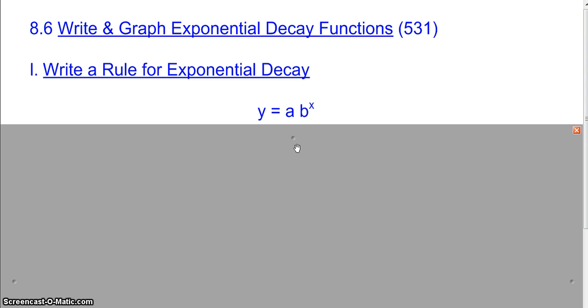This is the same model. The question is, where is it different? Is it the a or is it the b? X and y are just simply a point on the line, an ordered pair. So either the a or the b is going to be doing something different to give us decay. Who thinks it's the a? Who thinks it's the b? Good. Most people think it's the b.